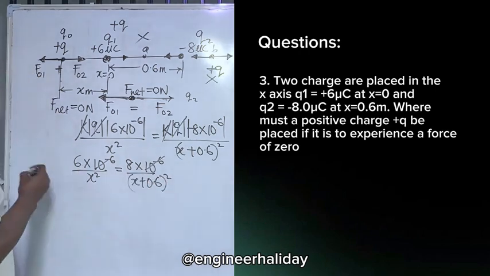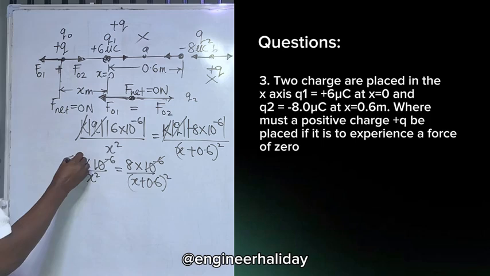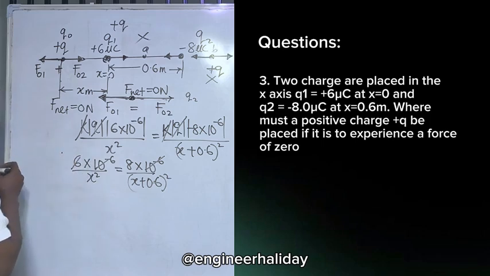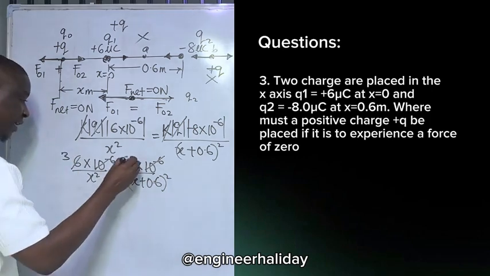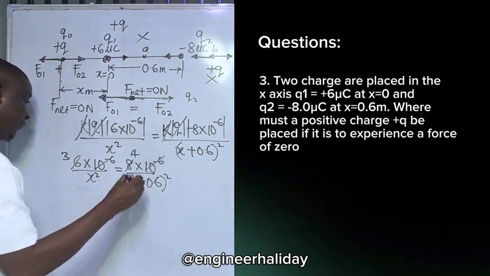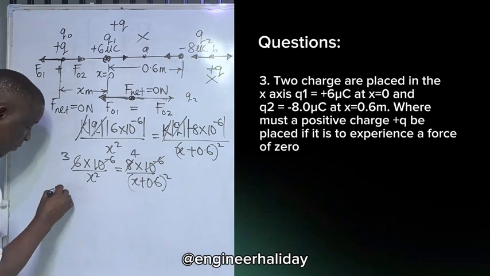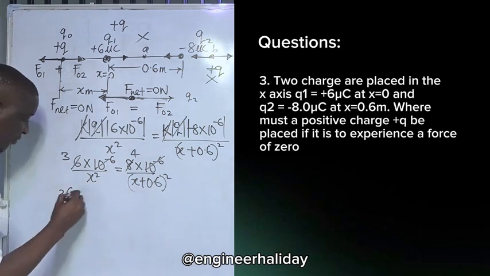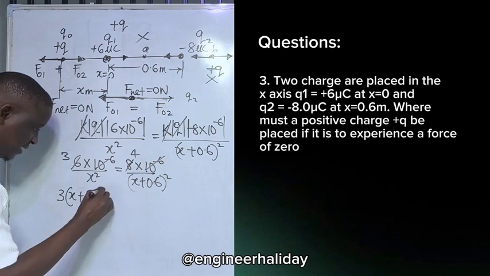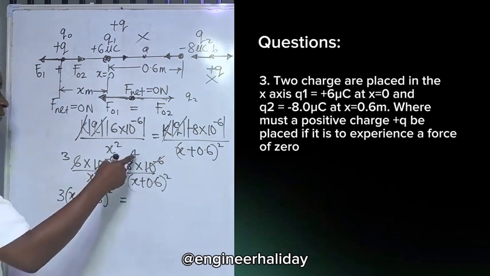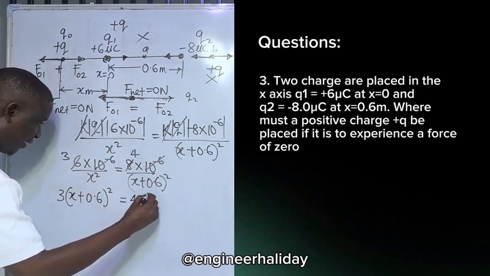This we cancel this, okay? 2 can go here. 2 in 6 will give us 3, then 2 in 4 will give us 4. So we can cross multiply. It now becomes 3 into bracket, 3 times this, x plus 0.6 all squared, then 4 times x squared.